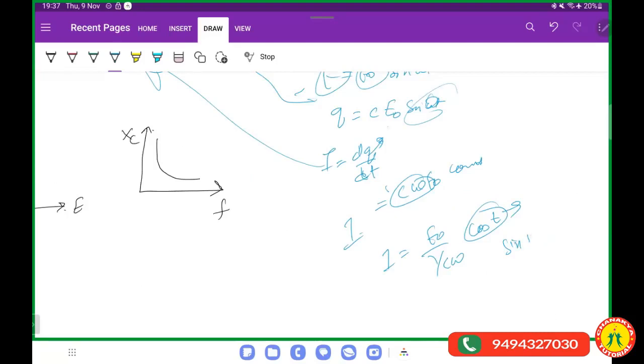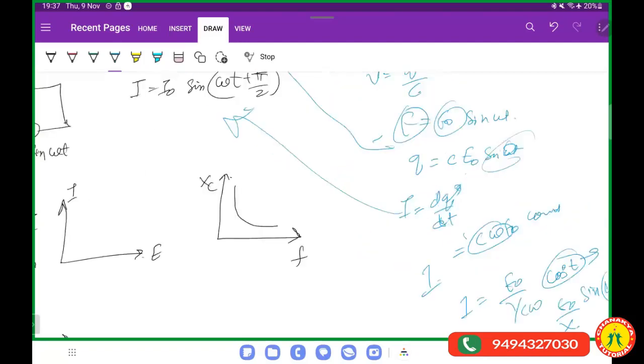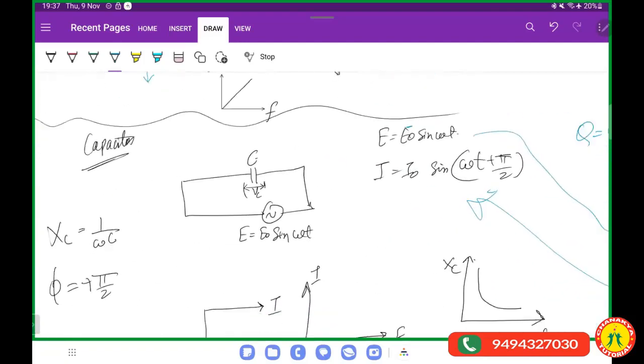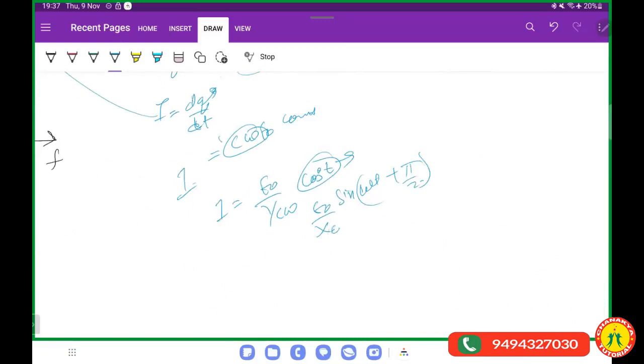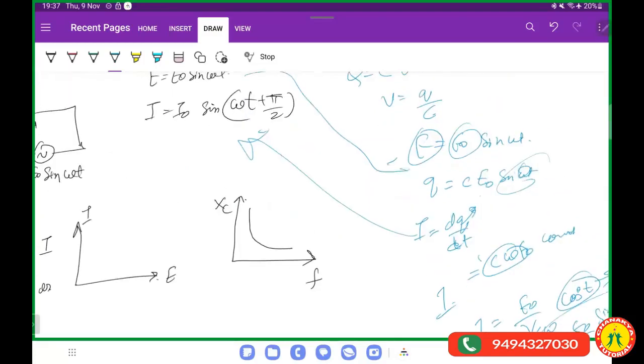So that is why we have cos omega t plus pi by 2, then E naught by this one, that is x, this is c, so xc. So this is what we get here.